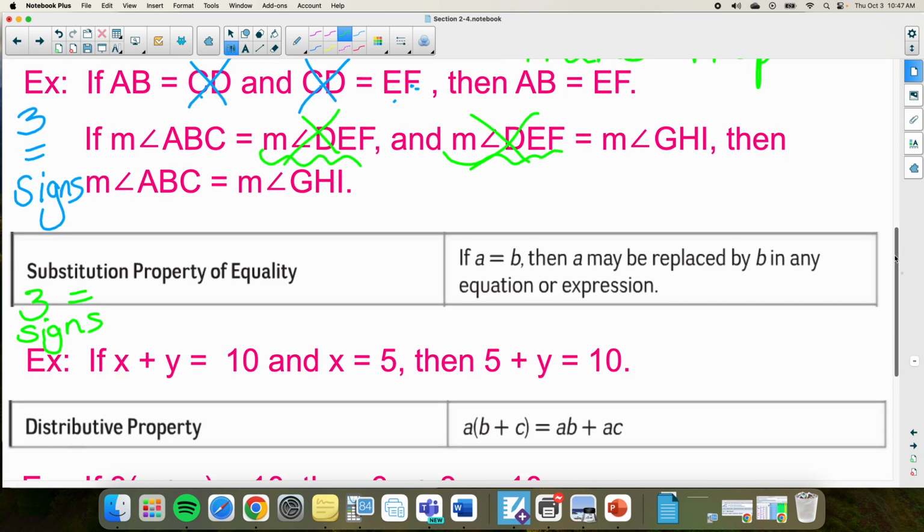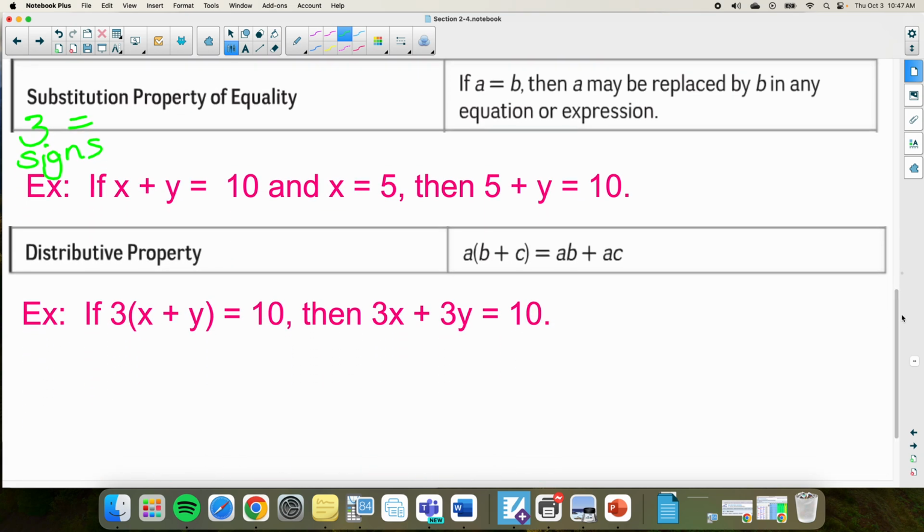In substitution, they're not going to be the same. So the ending of this and the beginning of that are not the same, which means we can't do transitive.